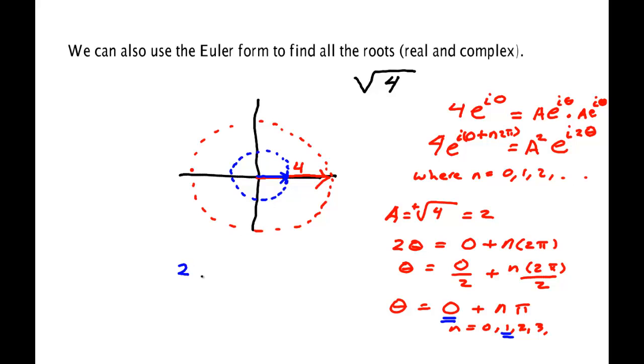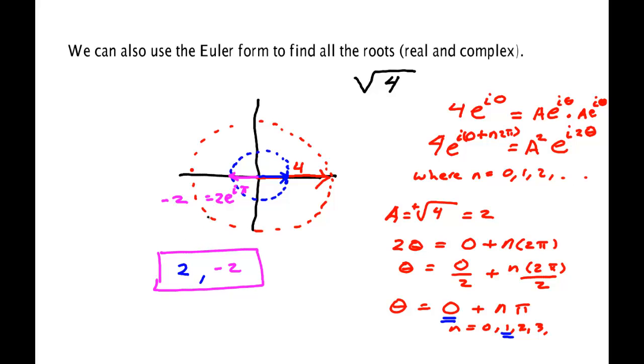That's 2. Another possible answer, however, is when you go a distance pi around. That would be this way. That's 2 e to the I pi. Oh, but that's just minus 2. So there are the 2 roots.